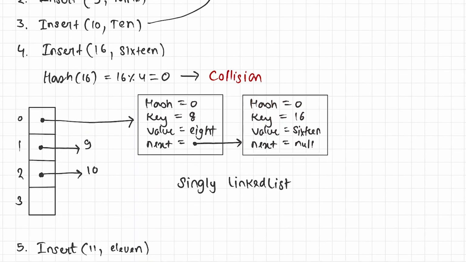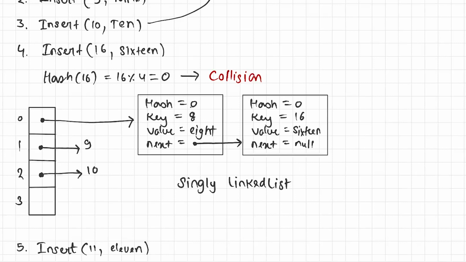This is where the next field comes into the picture. What HashMap internally does is create a new object of this key value pair 16 and 16. The object has 4 fields: hash that is 0, key is 16, value is 16, and the value of next is null. We already have the object of 8 stored at bucket 0.